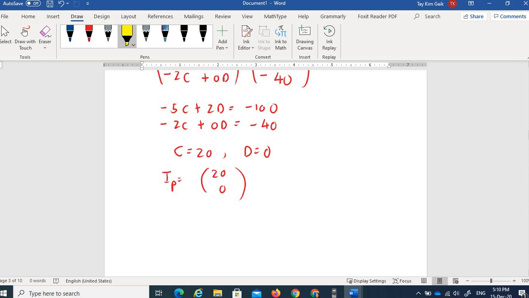This is the second step. Now step 3, your general solution. The general solution will be I equals IC plus IP.